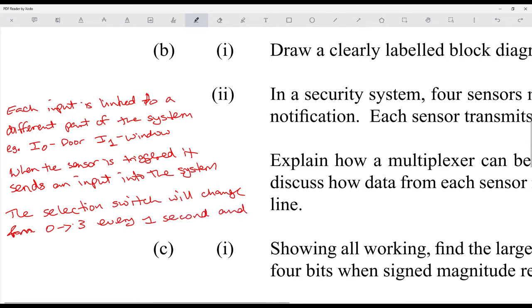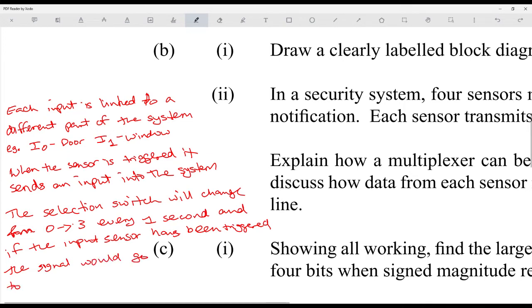And if the input sensor has been triggered, the signal would go to the alarm output. Okay.